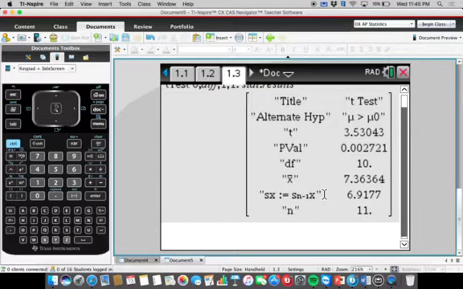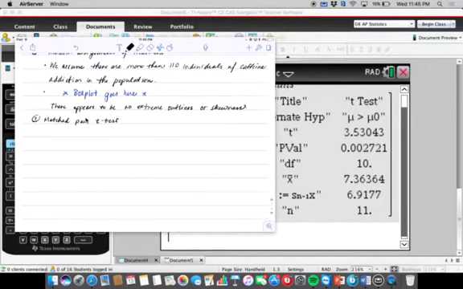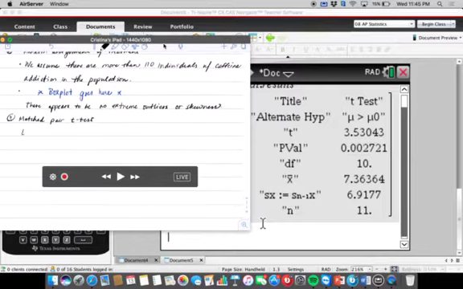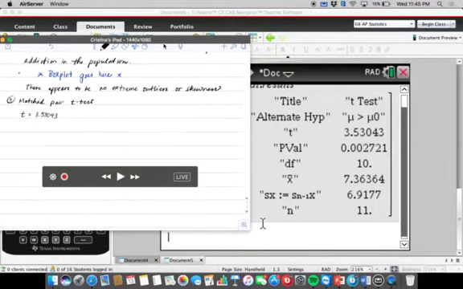Okay, so now we can go ahead and write down our information on our paper. Remember, it's very important that you list your test. So we have a matched pair t-test. Okay, and we're just going to list the t-value. In this case, your t-value is going to be 3.53043. All right, and then your p-value is going to equal 0.002721. Okay.